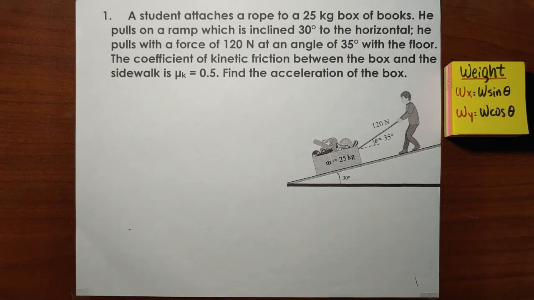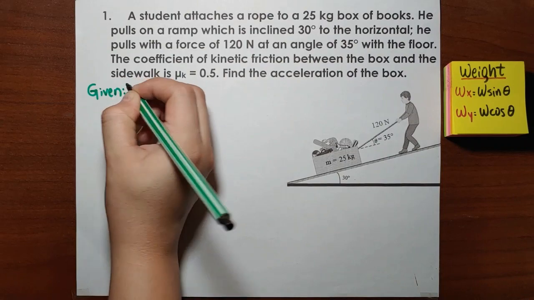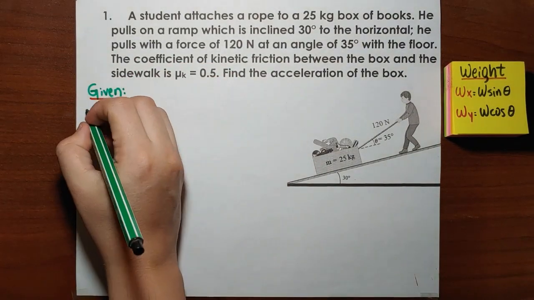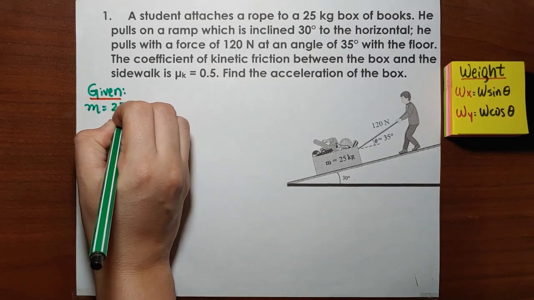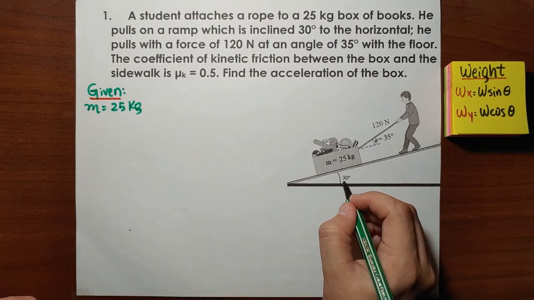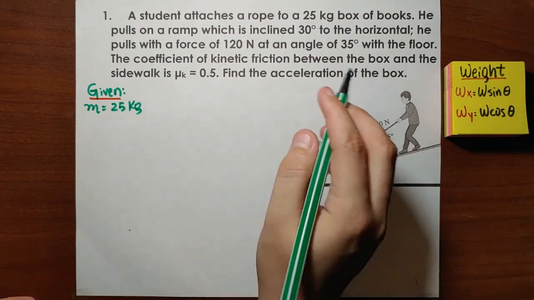What are the givens in this problem? Okay, we have 25 kilograms, a mass of 25 kilograms. This angle here is the most important, that's why I already highlighted it. Now let's take a look.